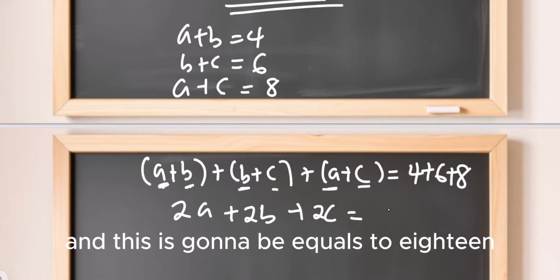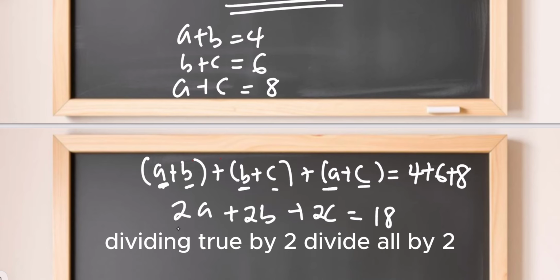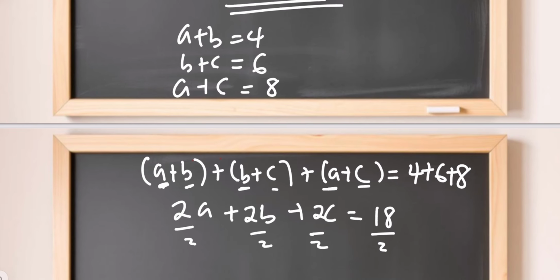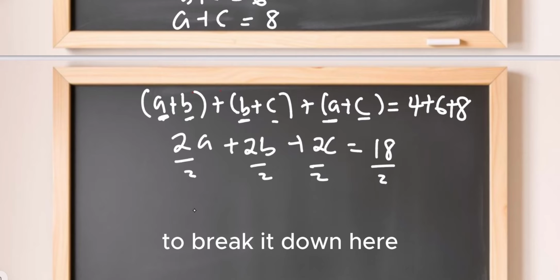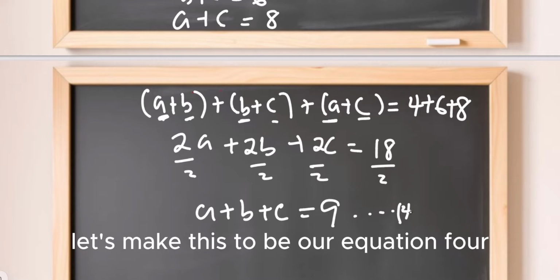And this is going to equal 18. Dividing through by 2, divide all by 2. Here we're going to have a plus b plus c equals 9. Let's make this our equation 4.